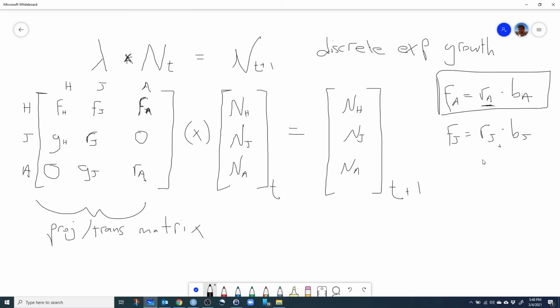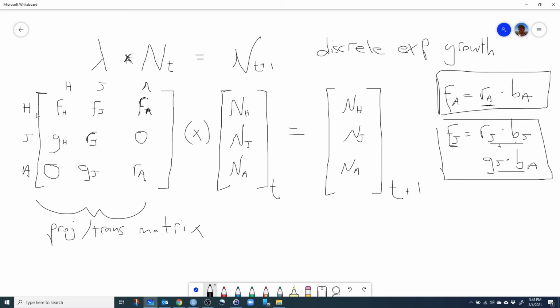And then you add the probability of growth into the adult class, and you multiply that by the birth rate of adults. So you can add both of those terms in order to compute what the overall expected fecundity of any juvenile is this year. That is how many offspring are going to be produced next year by those that are juveniles this year.